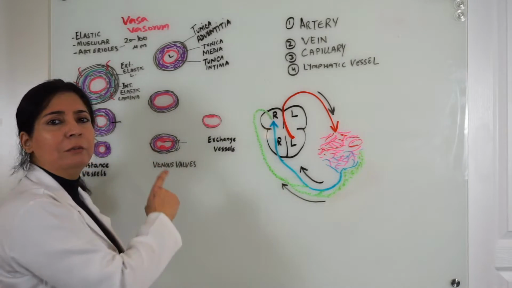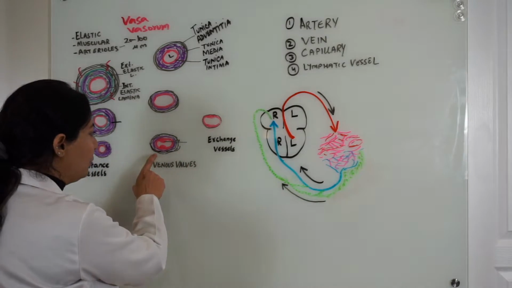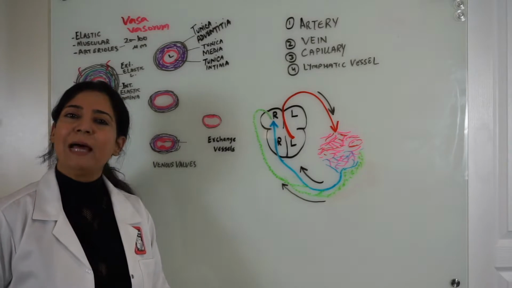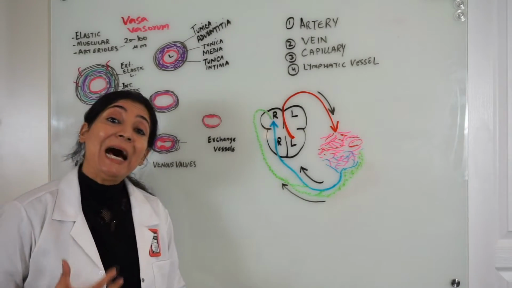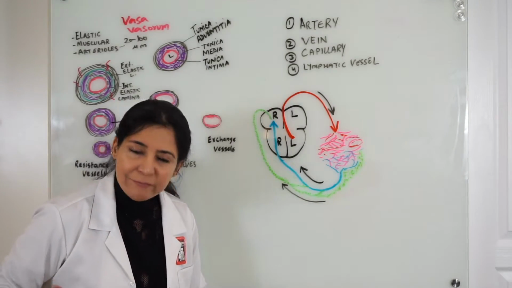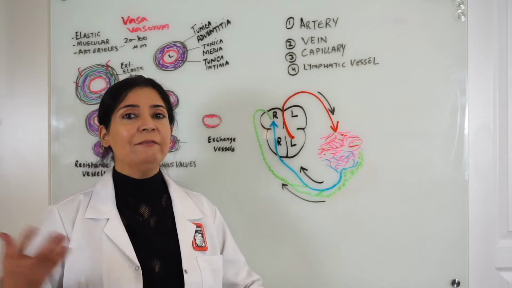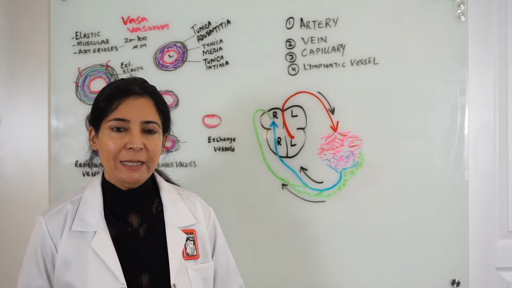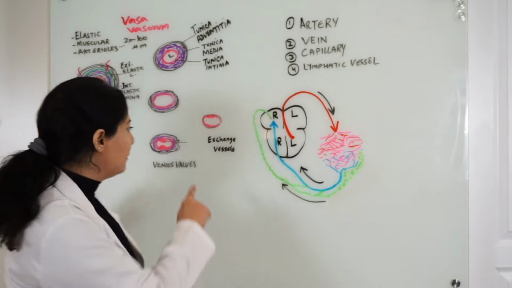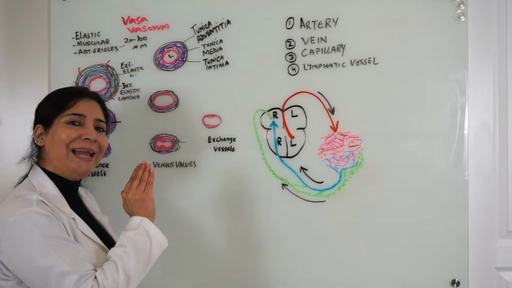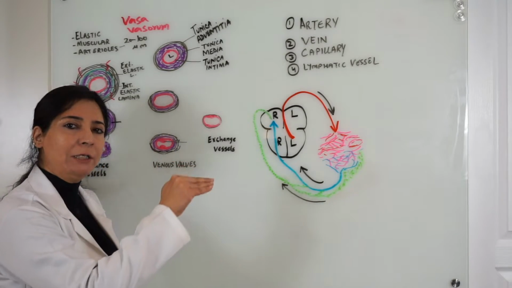There's one feature which I have just mentioned in this drawing, and we call them venous valves. The large veins, specifically the veins of the lower limb, are known as the valved veins, right? These veins have flaps, which are extensions from the tunica intima.